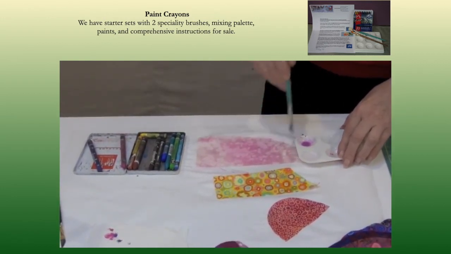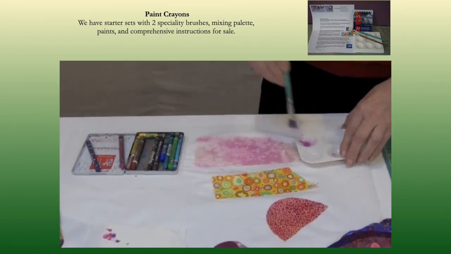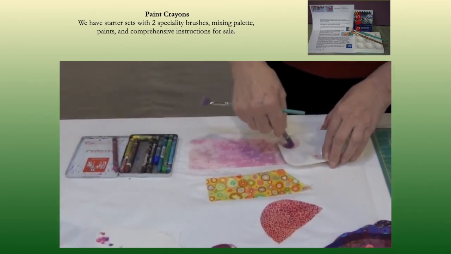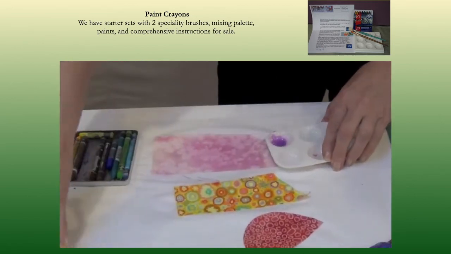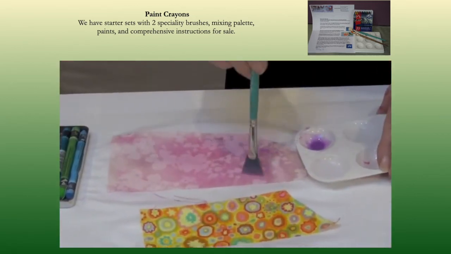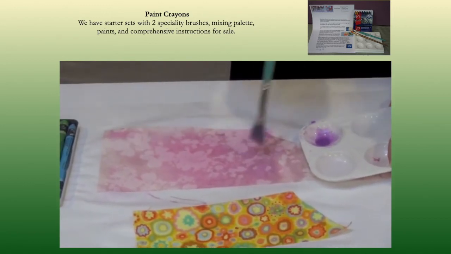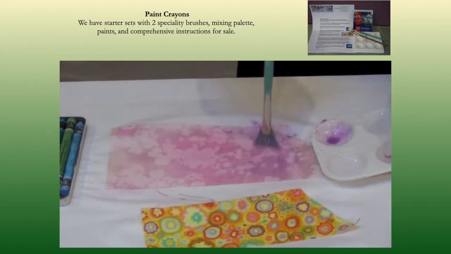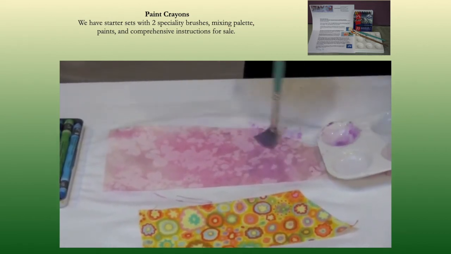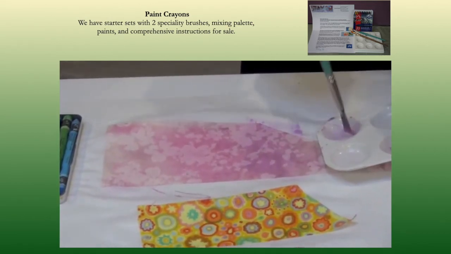And I'm going to start changing into more and more purples to get darker. So that's about all it is, and then you just let them dry out. But that way you can make your own gradations.